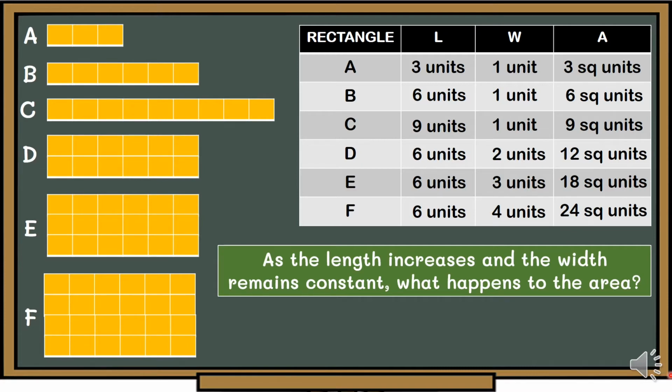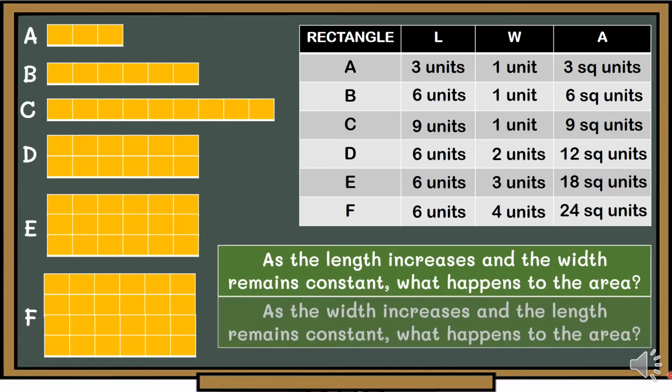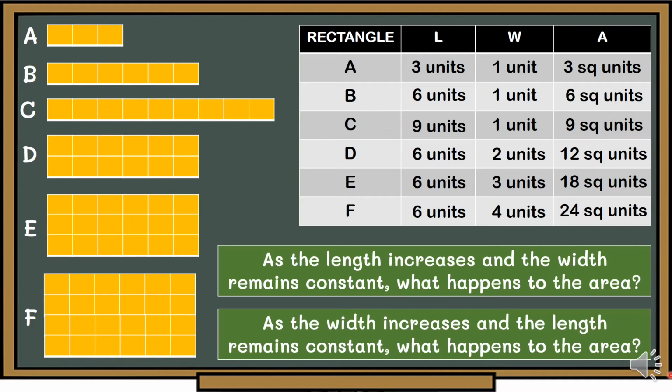Alright, we will answer that question later. Another question is, as the width increases and the length remains constant, so considering rectangles D, E, and F, as the width increases, 2, 3, 4, and the length remains constant, 6, 6, 6, what happens to the area?